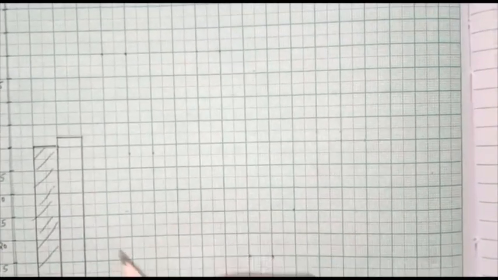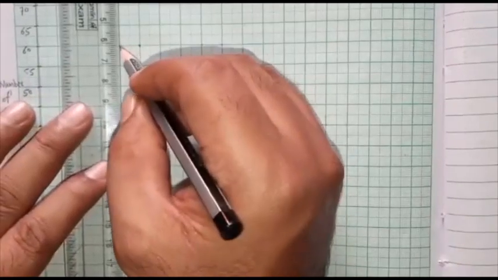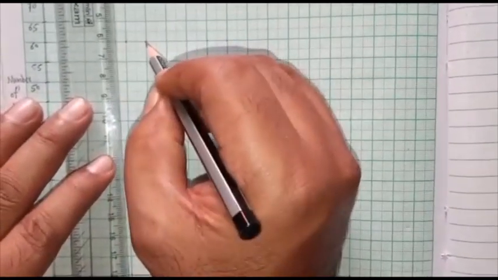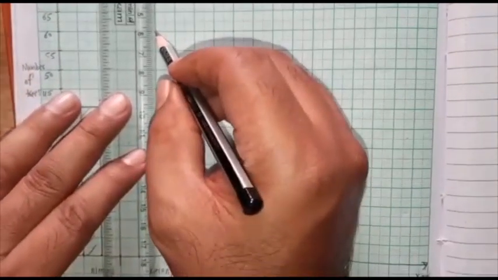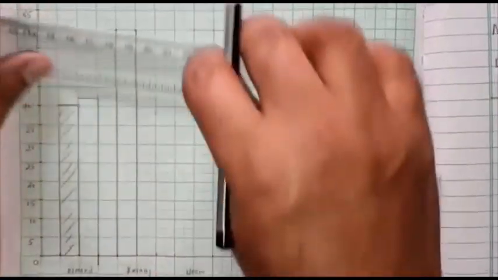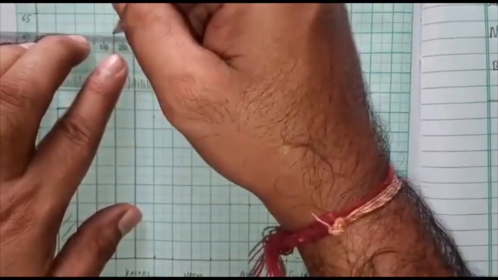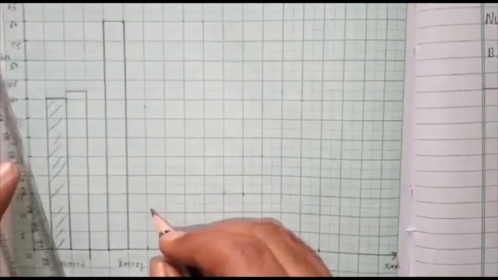Similarly we have to construct the next for the currant tree. First, Nutan Vidyalaya is 60. So we mark here, this one is 60, and then we draw the graph. So this is for the currant tree. Next, what is given? Bharat Vidyalaya 38.